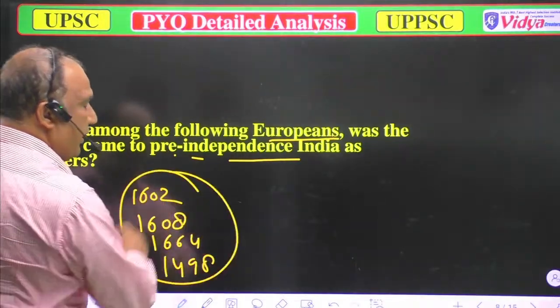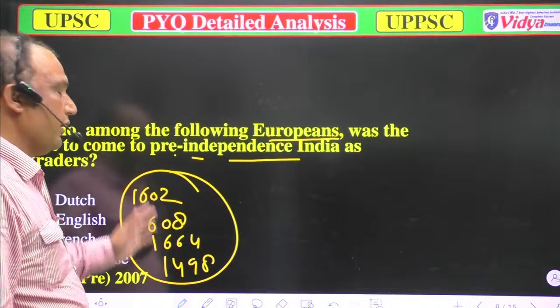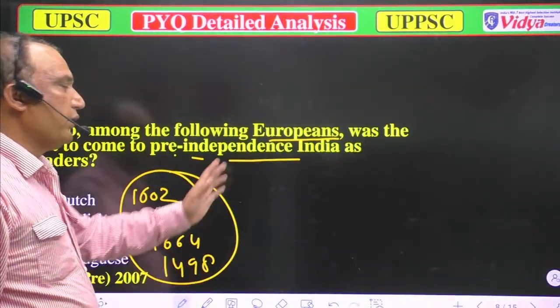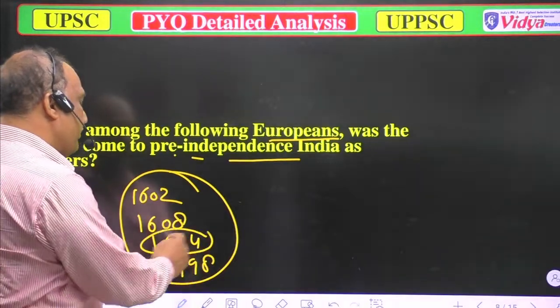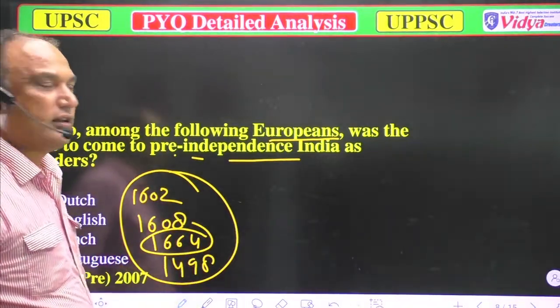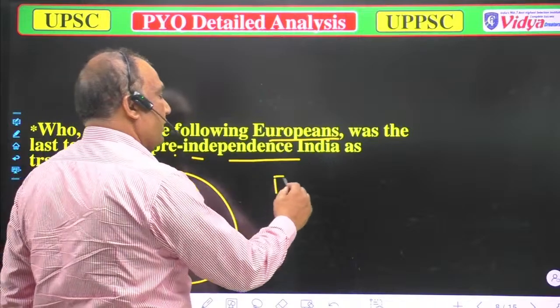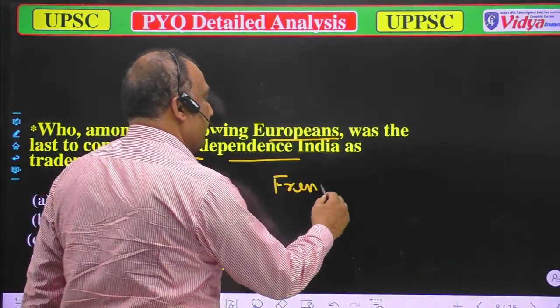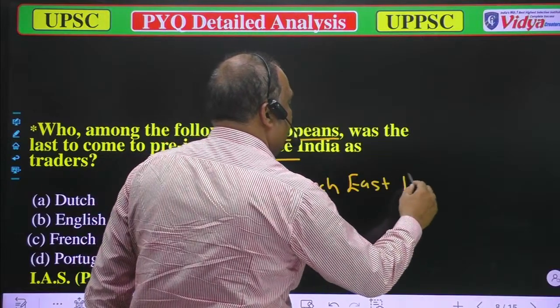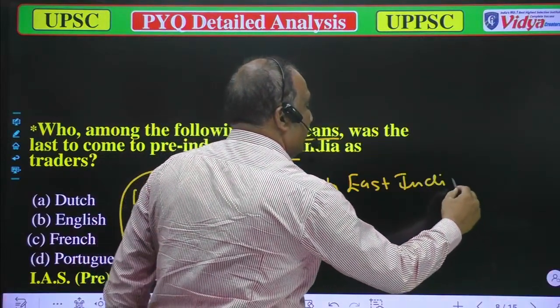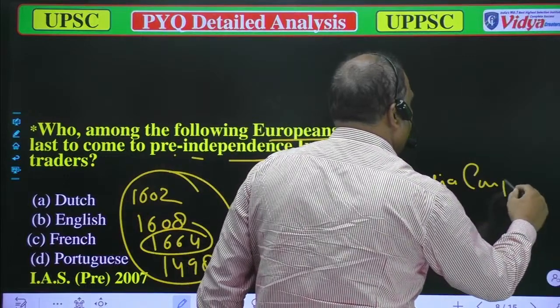You can compare all these four dates, so you can get that the last company, established in 1664, was the French East India Company. That is the right answer.